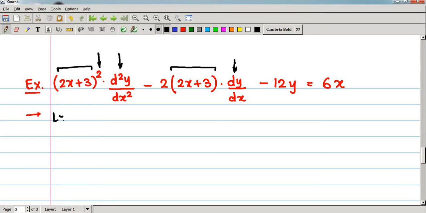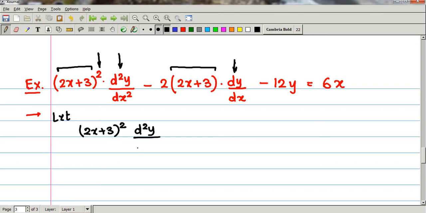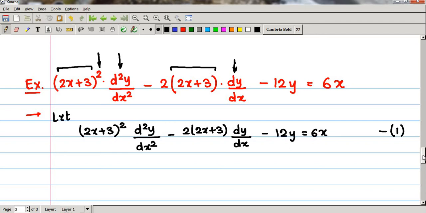So we can consider the given differential equation (2x+3)² d²y/dx² − 2(2x+3) dy/dx − 12y = 6x as equation number 1.